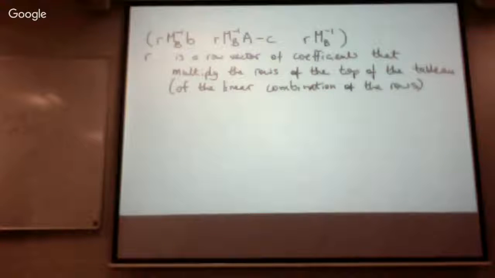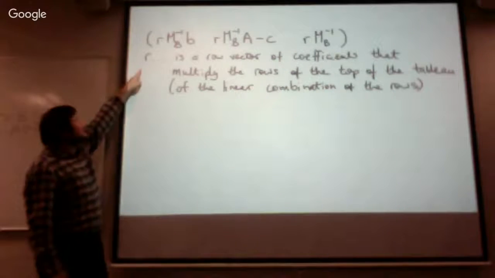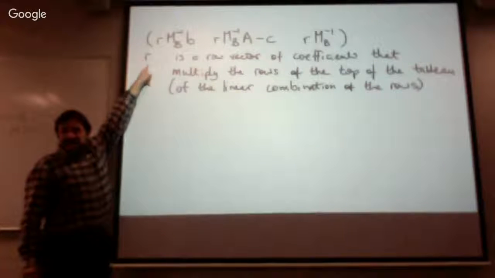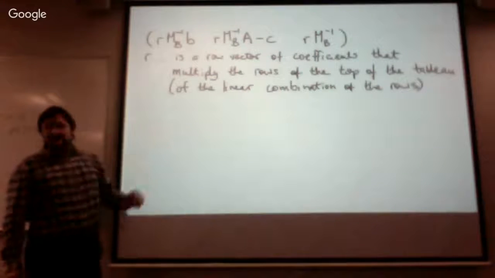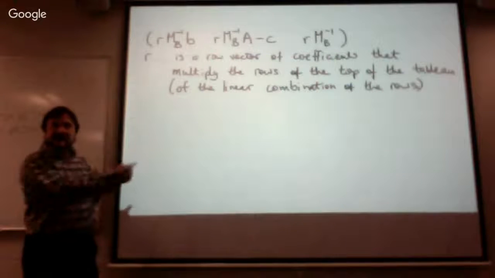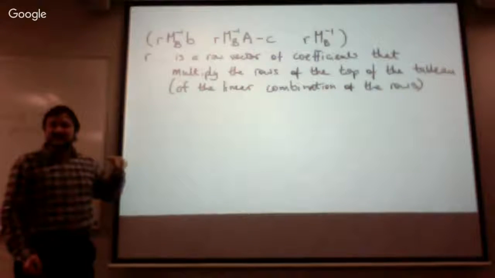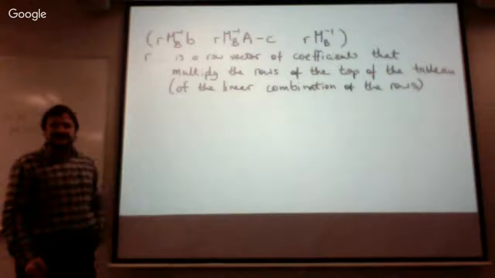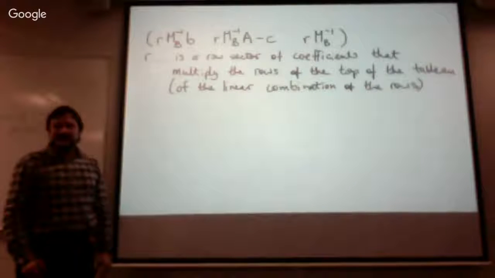And what multiples of each particular row you have to take, that is given by this R, which is a list of as many numbers. Well, it's a vector really, but it has as many entries as there are rows in the tableau above the objective. Does that make any sense?